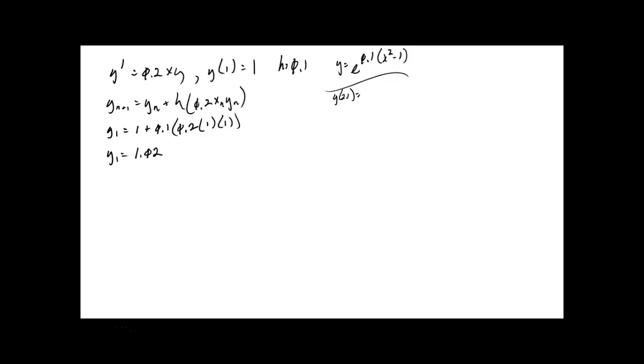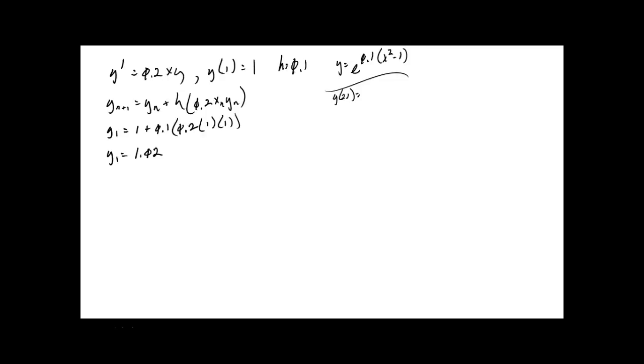On my calculator, it's probably going to be easiest to do 2.1 squared, minus 1. I'm going to do an equal.